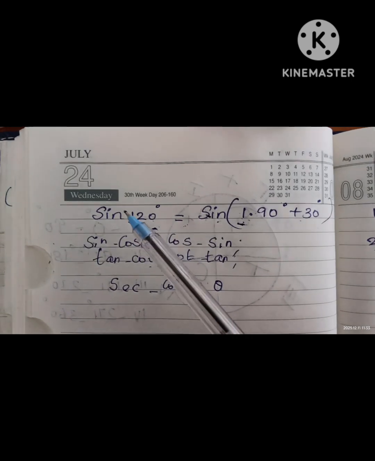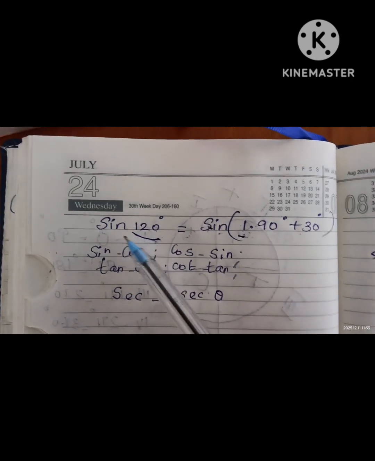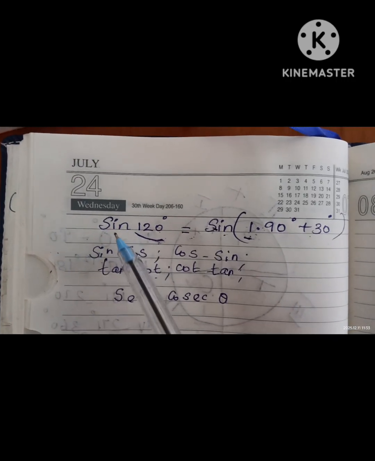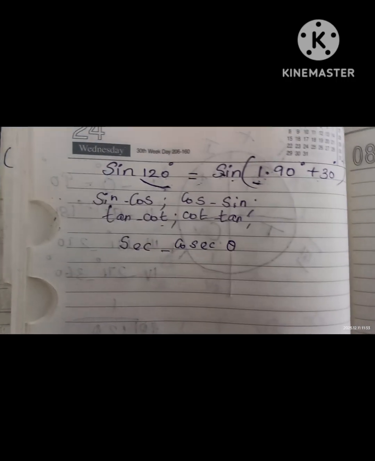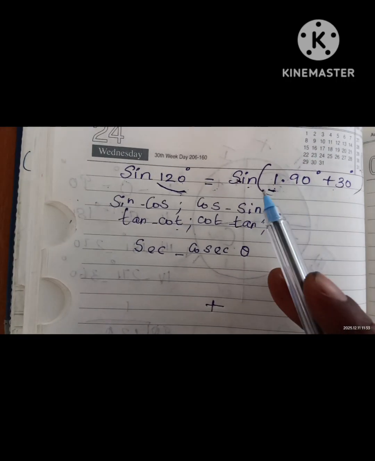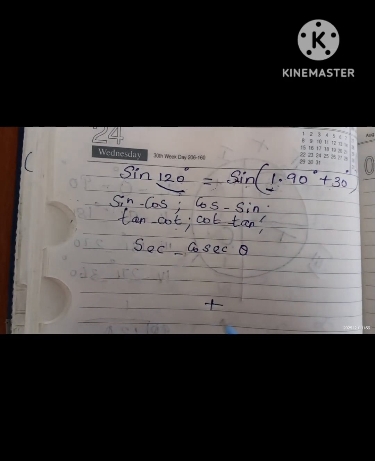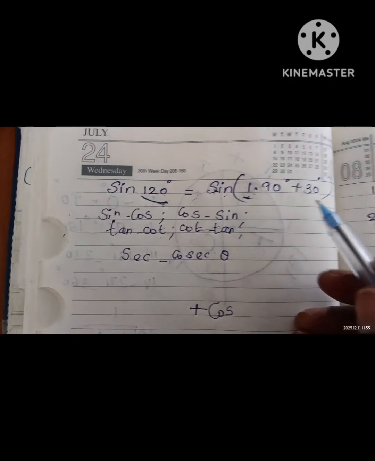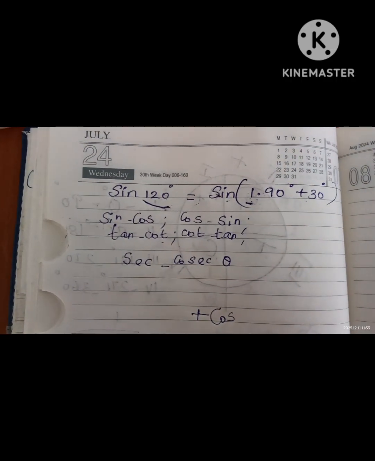So in the sum, sine is there. 120 lies in the second quadrant. In the second quadrant, sine is positive. So the symbol is positive. Since the number is odd, sine changes to cos. So cos, and the remaining value you have to write, 30 degree.